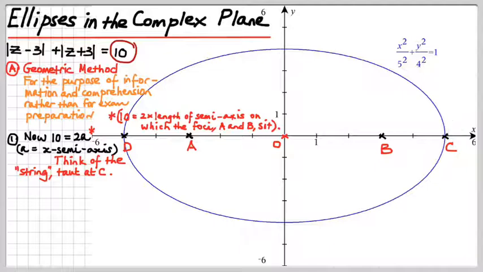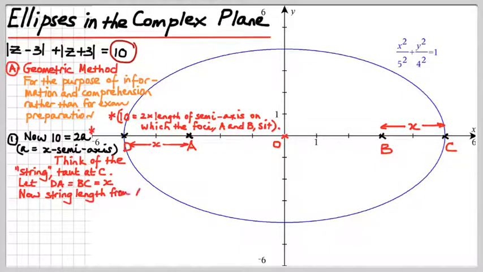Haven't I? Good. Alright, now, in order to do that, I'm going to say let DA and BC, which are the same length by symmetry, let them be x. Therefore, they're both sitting there and they're both x. Now, the length of the string, in terms of the parameters which I've just defined, goes from A to C, as I showed you before, and back to B, right?